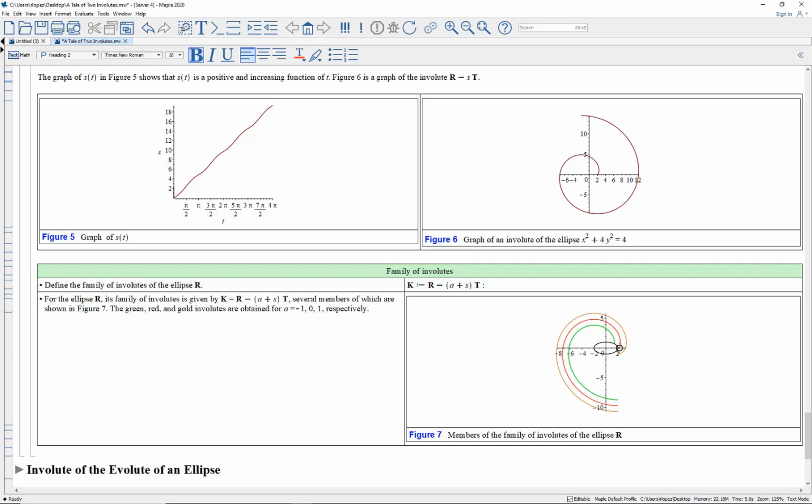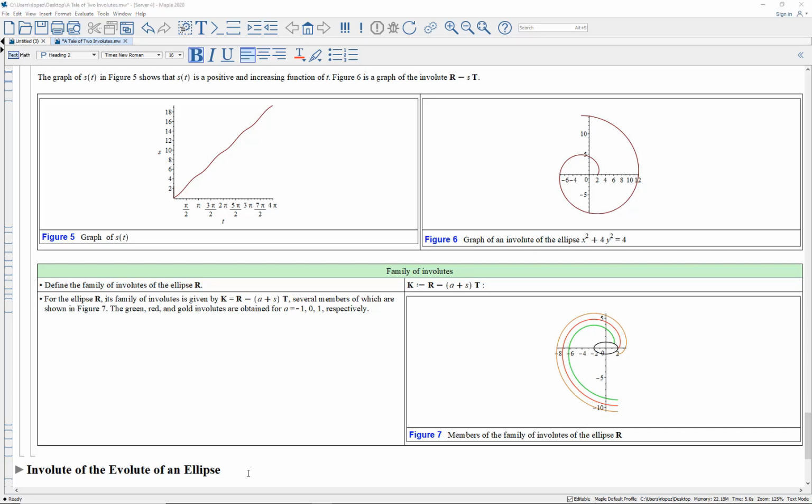And you can see this is 0, this red one here. And these two indicate that I've changed the arc length to start with. And here is this family of involutes.